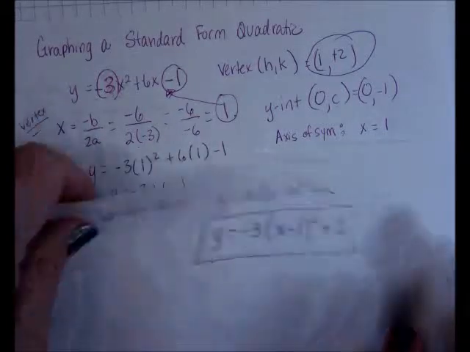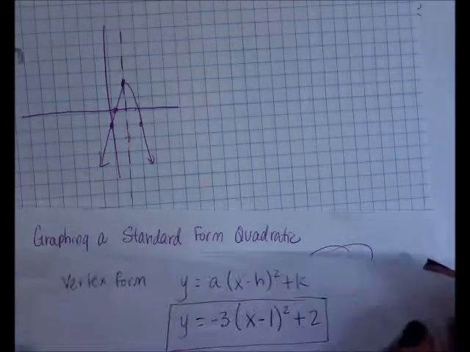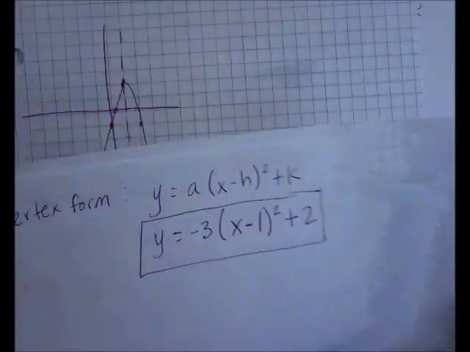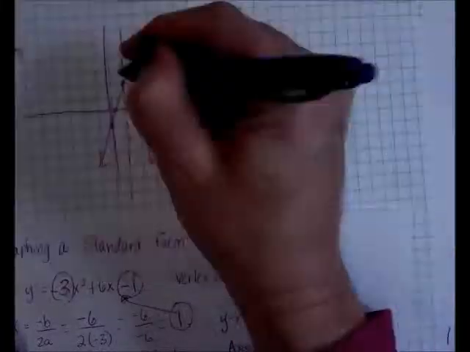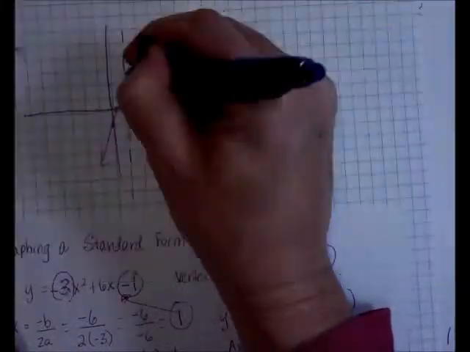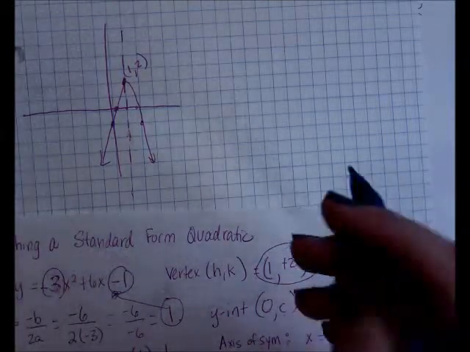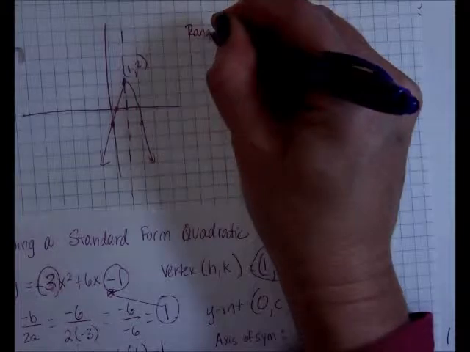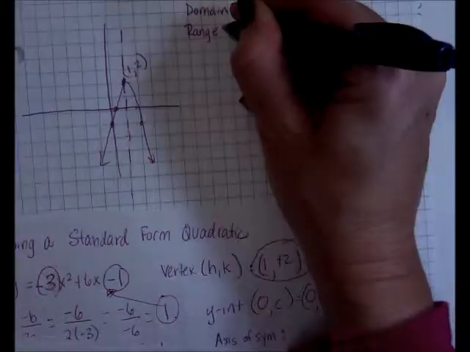Now, a couple of things that we added to our situation is looking at the graph. We need to be able to describe some characteristics about the graph. And I'm going to go ahead and label this 1, 2 as my vertex. So the few things that we can determine from our graph is range. And I'm going to put domain up there because usually you hear about domain before range.